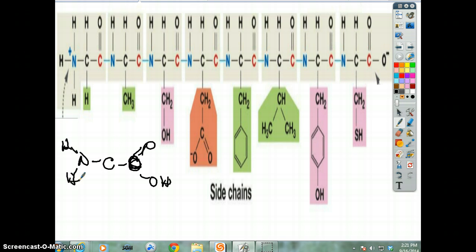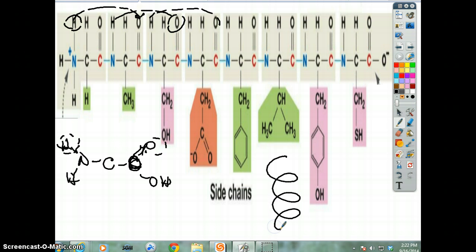The secondary structure is formed by reactions between the hydrogens on these and the oxygens over here. In other words, let's just say this hydrogen makes hydrogen bonds to this oxygen. And let's say now this nitrogen does the same thing. And now this nitrogen does the same thing. What are you going to get? You're going to get some kind of a repeating pattern. That's the secondary structure. It's reactions there.